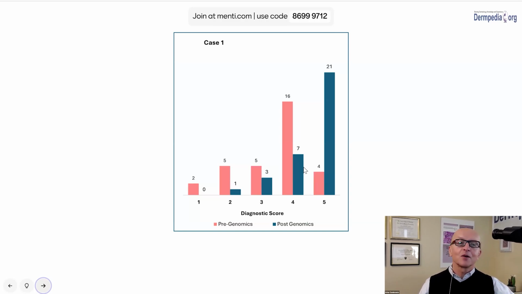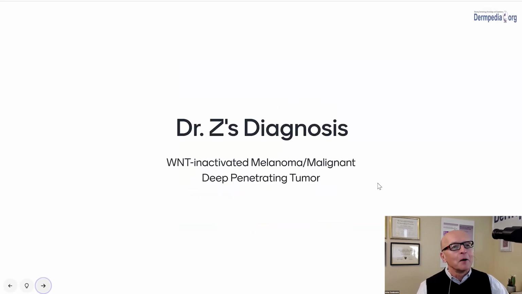I mean, those issues remain to be determined. But at this point, we are very concerned about finding TERT promoter mutations. So I think the consensus diagnosis in this case ended up being Wnt inactivated melanoma, malignant deep penetrating tumor.